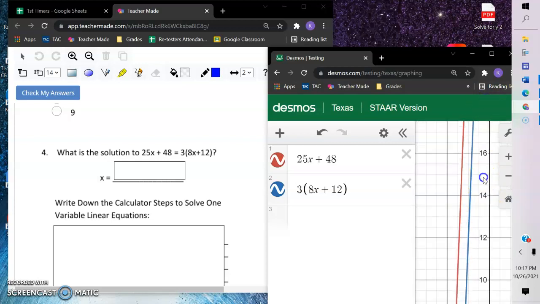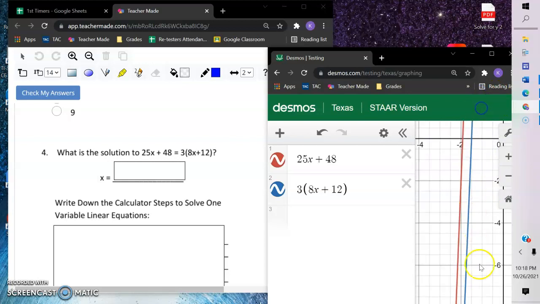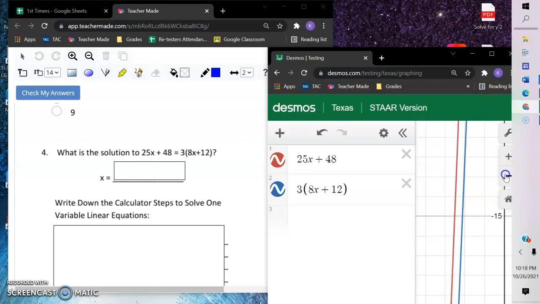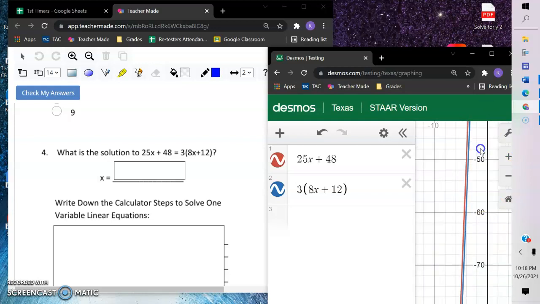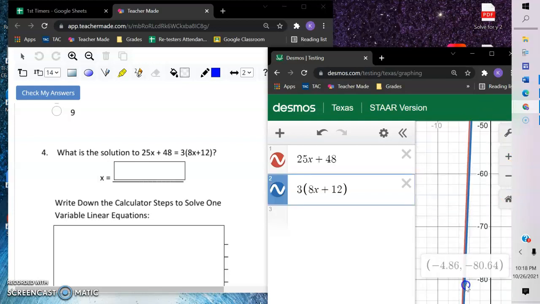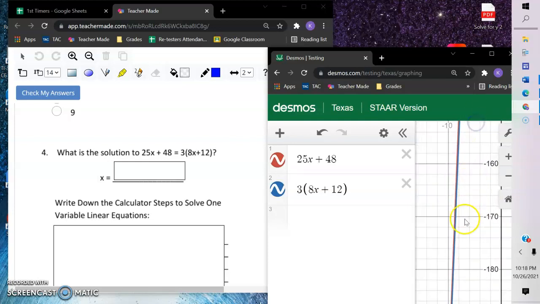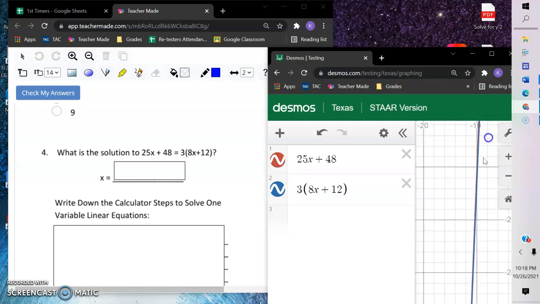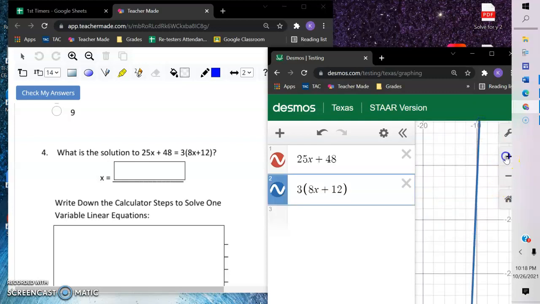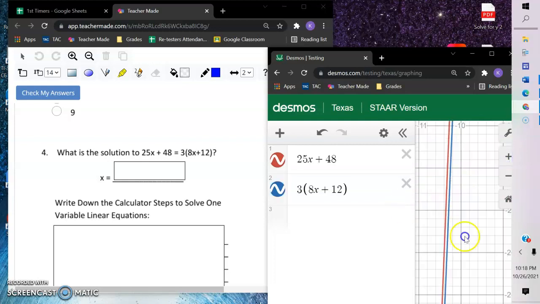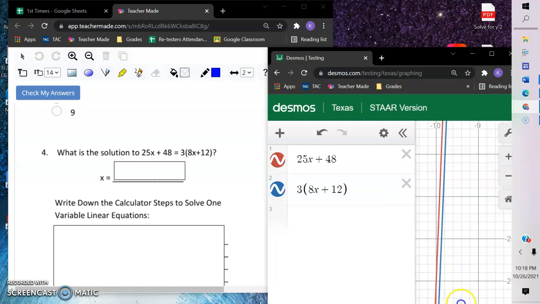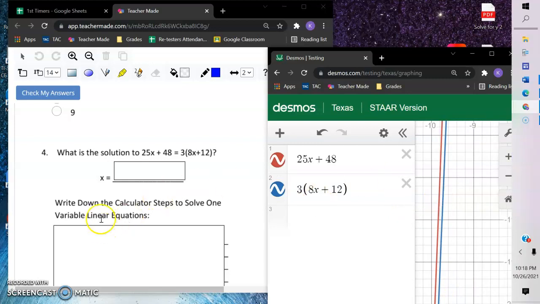I just want to make sure, are they ever going to cross? Well, it doesn't look like it because they're parallel lines. So on this one, automatically you were going to put here no solution.